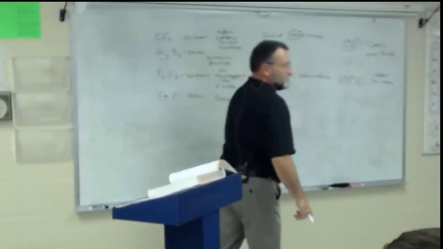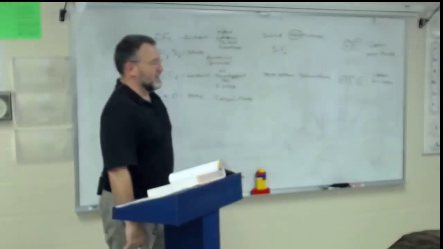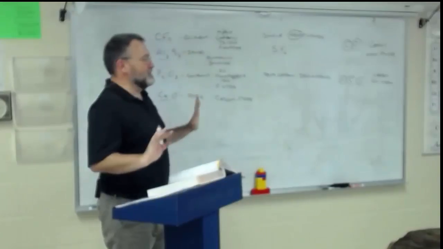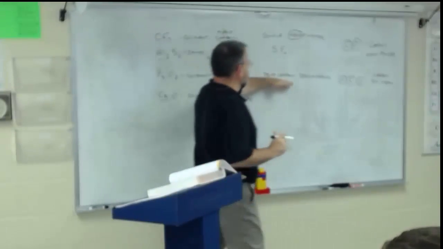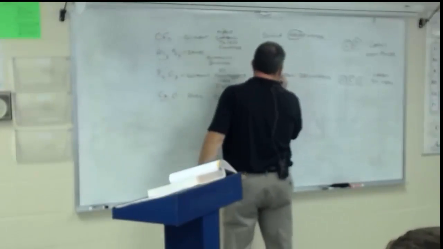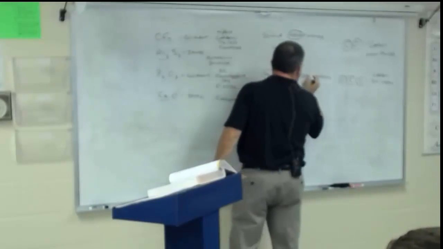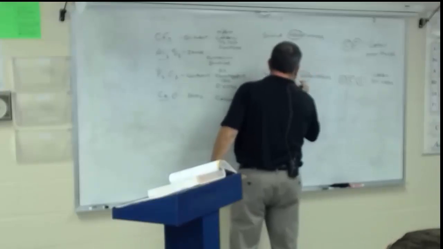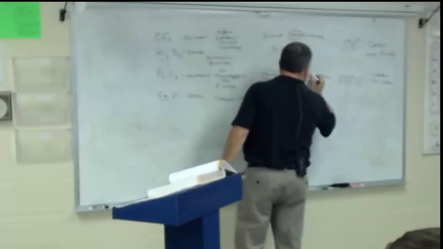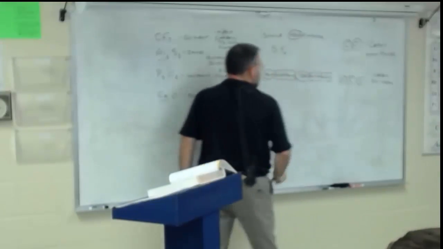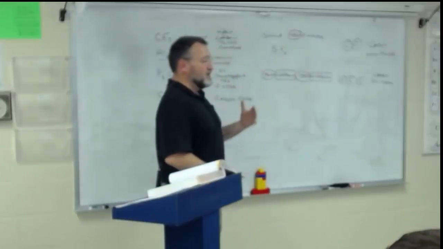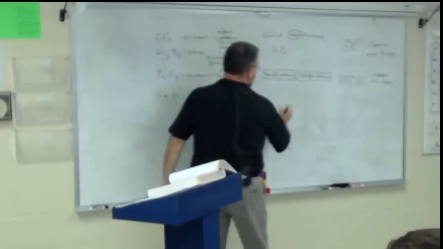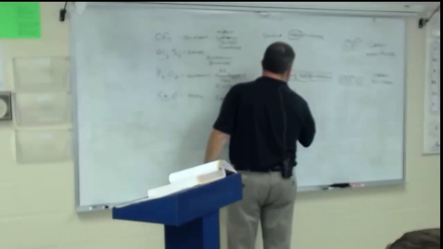Pentacarbon decahydride. I don't know, it's too long. That's scary. No, it's simple. Look here. You see a prefix here. You see a prefix here. You see a chemical name or element name there, and you see an element name there. Start by writing the symbols for the elements. I have a carbon, and I have a hydrogen.